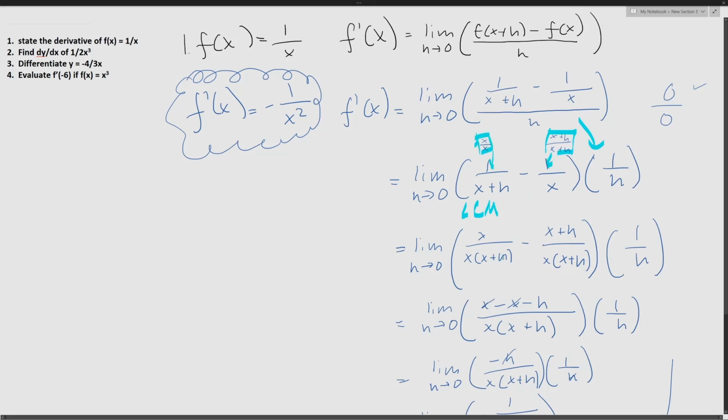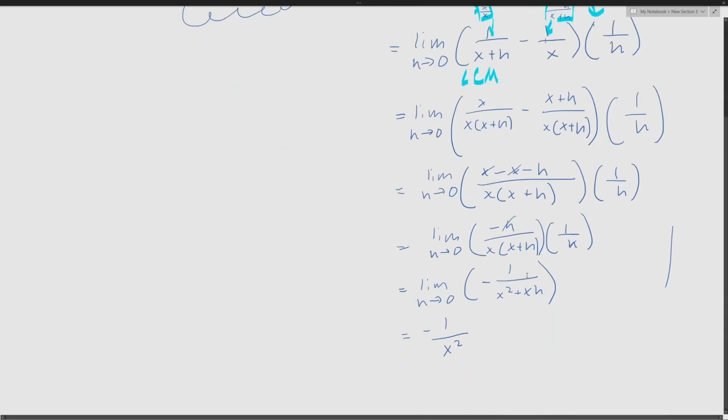And so we got this here, then we subtracted them, and then it became simplification, and so we got to our final answer over here. Now, since we could finally substitute h equals 0 into our equation and not make it 0 out of 0, we got our answer of negative 1 over x squared.